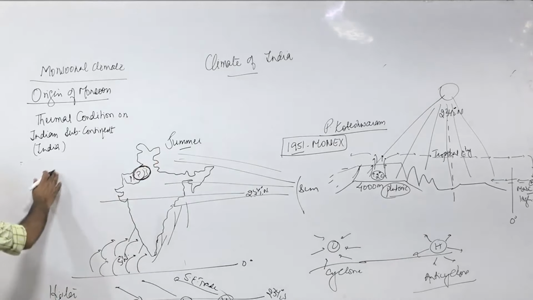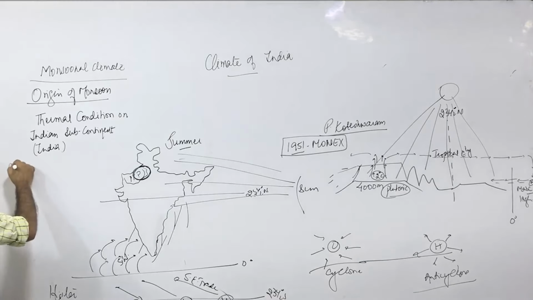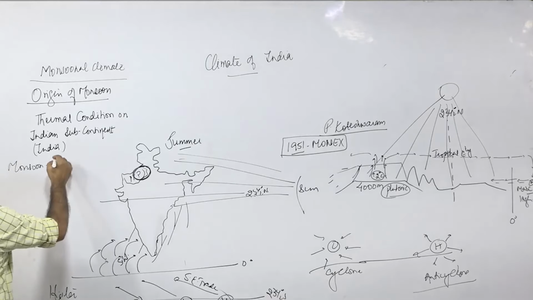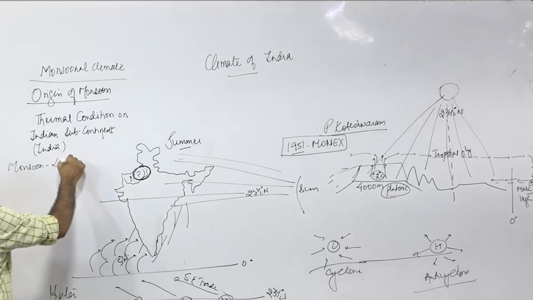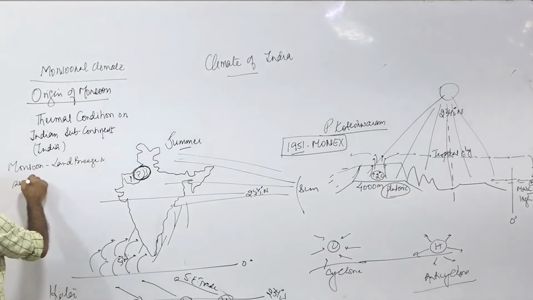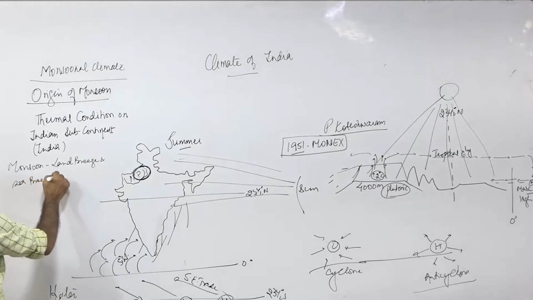So the monsoon is actually a land breeze and sea breeze phenomenon.